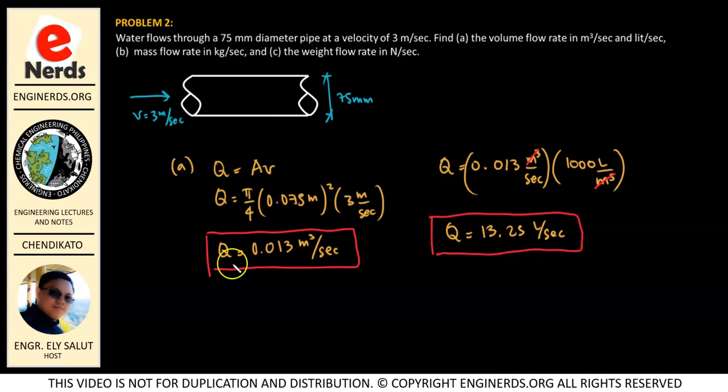Okay, so now let's go to requirement B, which is the mass flow rate in kilograms per second. We already know our formula based from our previous lecture. So our mass flow rate is equal to the density of our material multiplied by the volumetric flow rate.